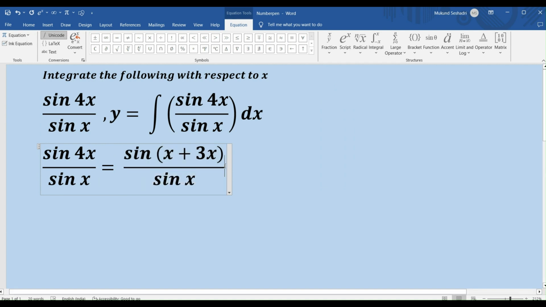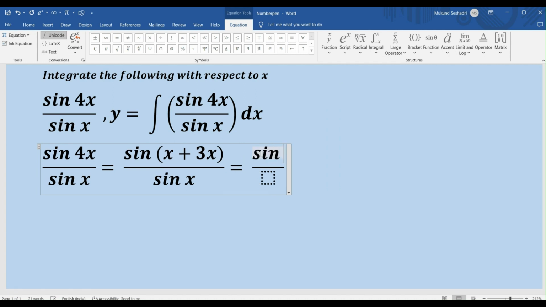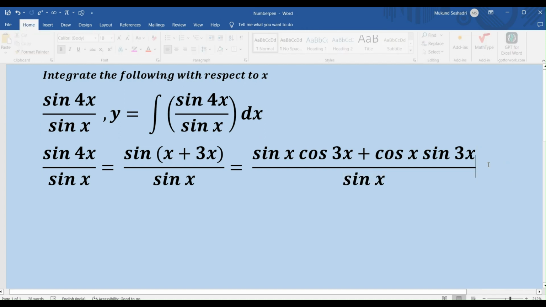And then my sine 4x, which is written as sine of x plus 3x, I can rewrite as sine x cos 3x plus cos x sine 3x, right? I use the sine of a plus b formula, which is nothing but sine a cos b plus cos a sine b, right? So this is what I have.